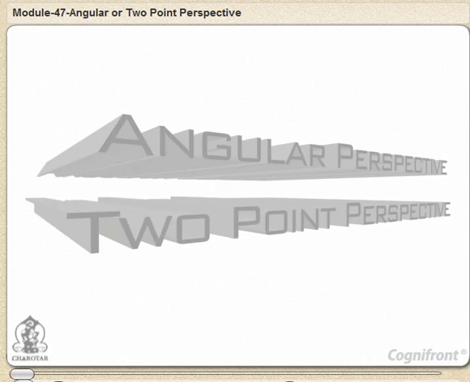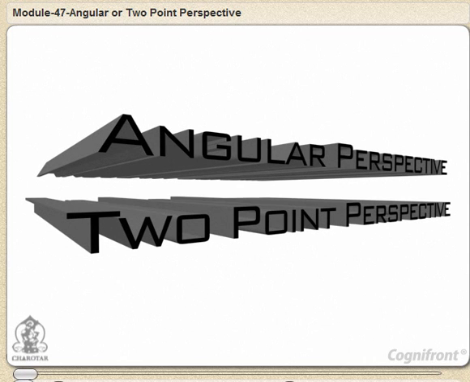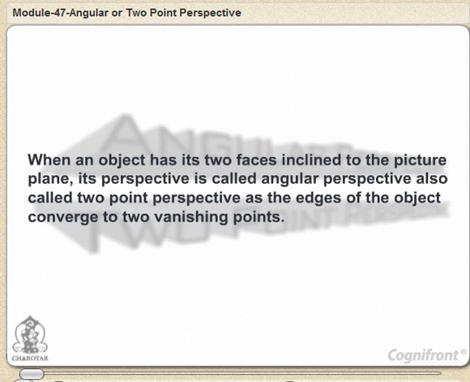Angular perspective or two-point perspective. When an object has its two faces inclined to the picture plane, its perspective is called angular perspective, also called two-point perspective, as the edges of the object converge to two vanishing points.